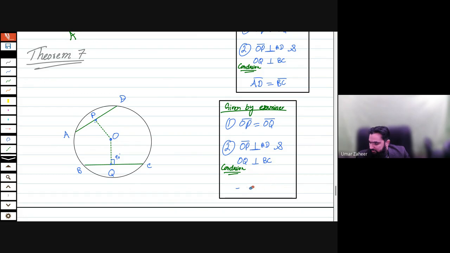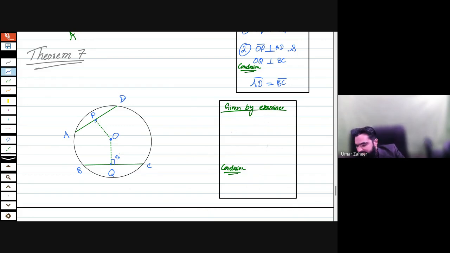Now we are just going to reverse the things. Now in this one, it is given that AD is equal to BC. It is given, meaning the chord AD is equal to the chord BC.